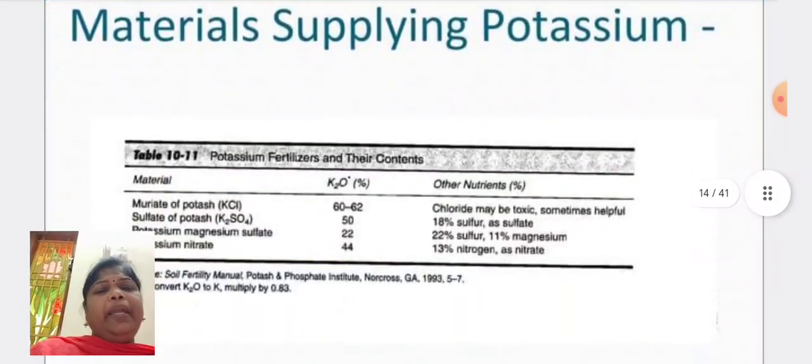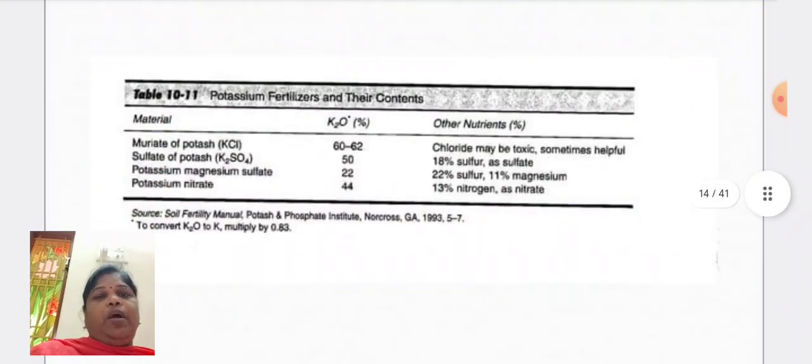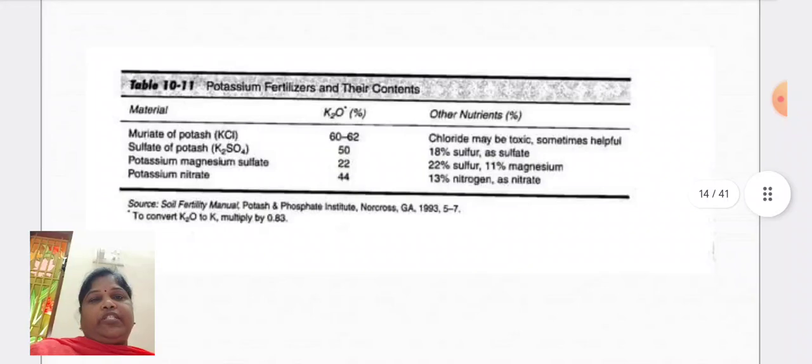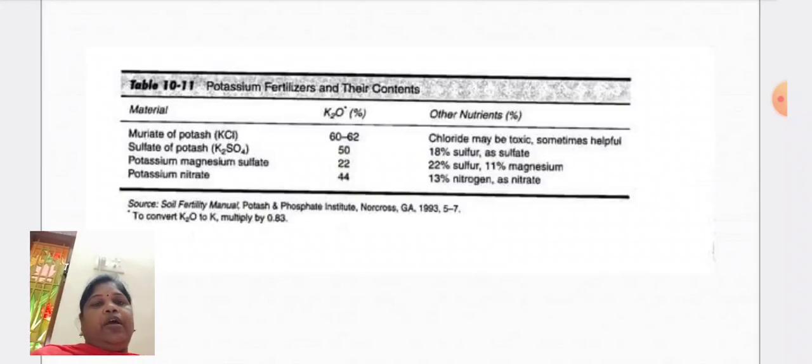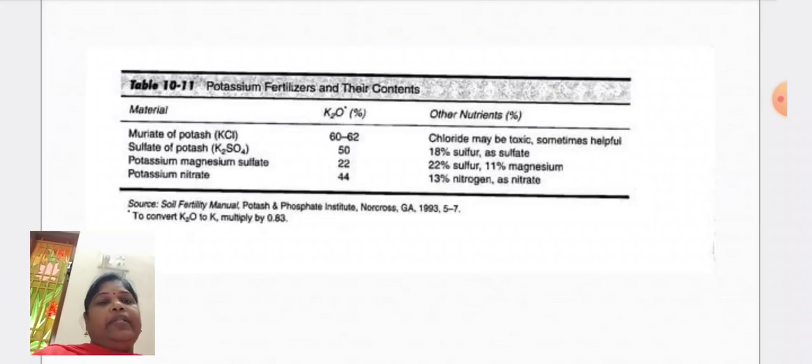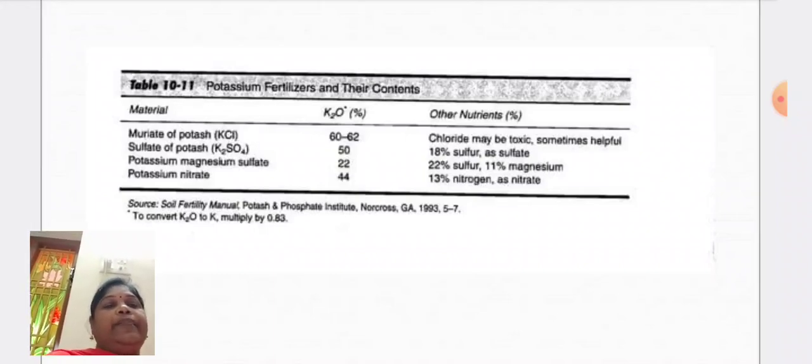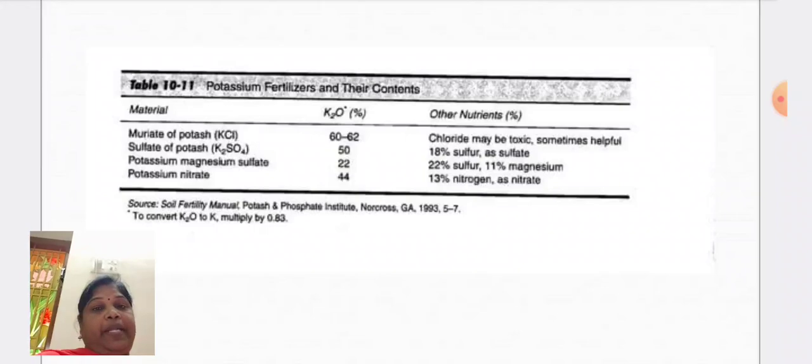Then, what are the materials that supply potassium? Muriate of potash, sulfate of potash, potassium magnesium sulfate, and potassium nitrate. The first one is muriate of potash, called KCl. It contains 60 to 62 percent K2O. The chloride may be toxic, sometimes helpful, and sometimes it affects the plant.